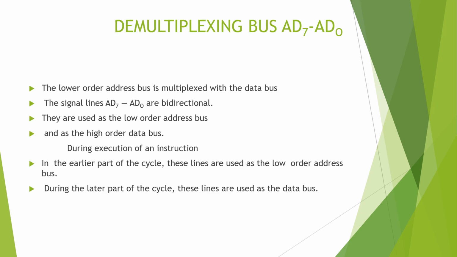When the low order address bus is multiplexed with the data bus, the signal lines generated are AD7 to AD0, which are bidirectional. These signals are used as the lower order address bus as well as the data bus. When the instruction is being executed, these lines are used as the low order address bus during the first part of the cycle and during the later part of the cycle these lines are used as the data bus.